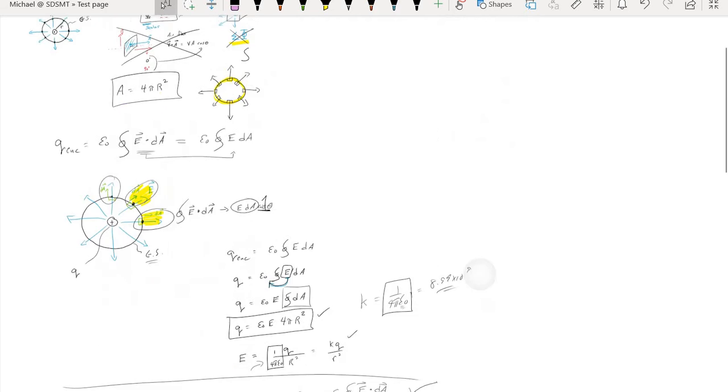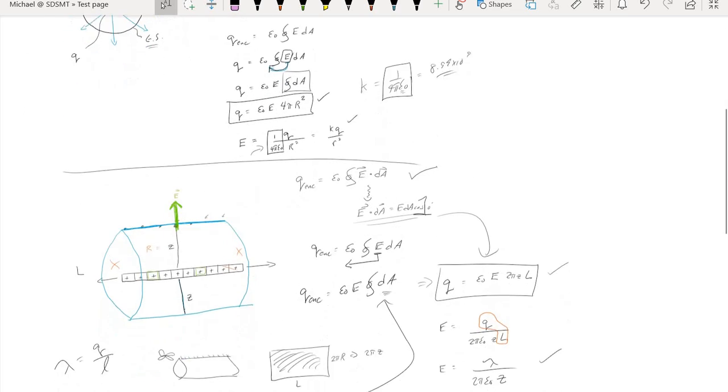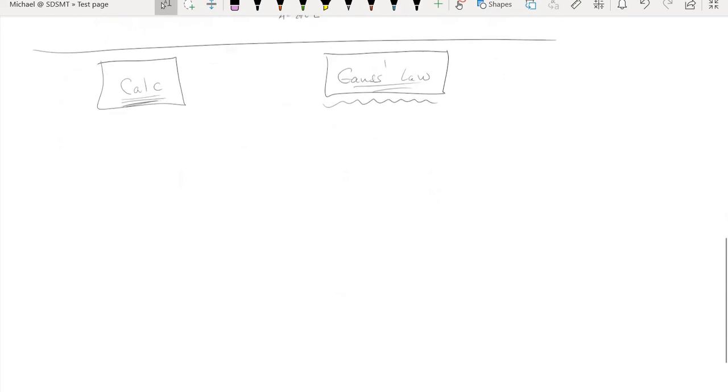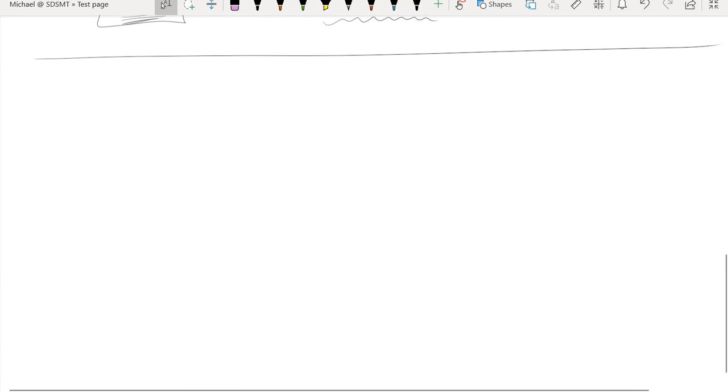Alright, let's see what we want to do next. The next thing we'll do is we'll go back and reproduce yet another expression that we already know, but using Gauss's law. Let's consider a charged sphere. And there are a couple of different combinations that we can have when considering a charged sphere.